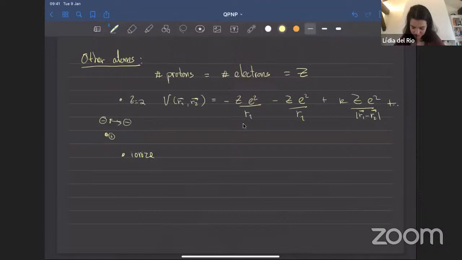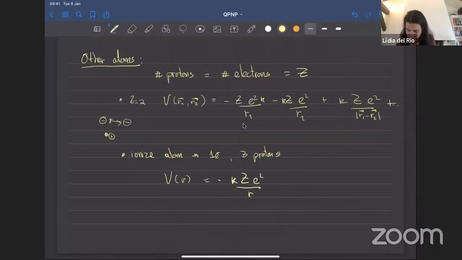in these calculations we can do, the main difference there is that, sorry, I'm missing the K here, K. The main difference then is that you get this constant Z here, because the sum of the product of the two charges is now 2 times the, so this is the nucleus, 2 protons times your electron outside.